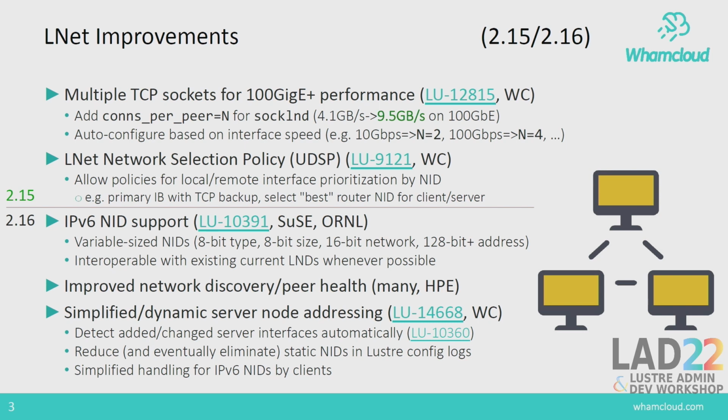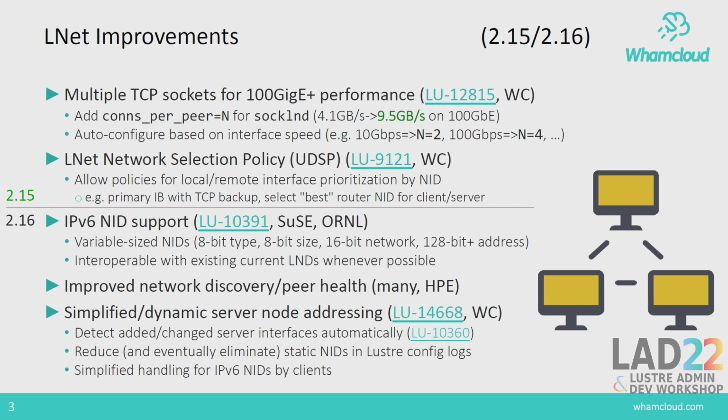worth mentioning here, is multiple connections, multiple TCP sockets for Ethernet. We found with high-speed Ethernet, 100 gigabit and faster, that we weren't able to saturate the network links with just one connection, and that's because of the high CPU usage for TCP connections.